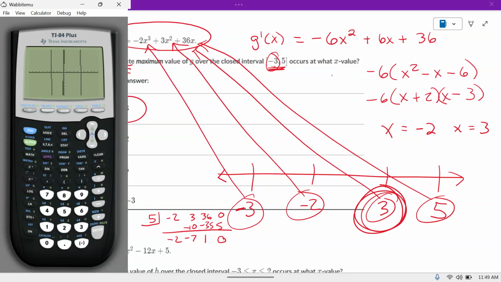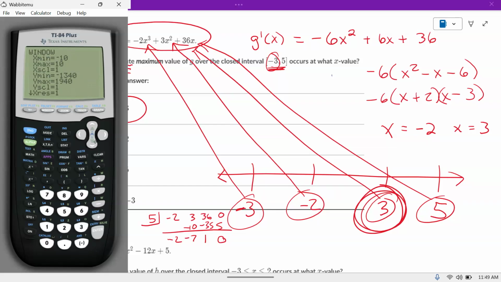What I'm going to do is zoom fit. Max is 81. Okay, so what we need to do is trace and see the value at negative 3. And it's negative 27 because I did zoom fit.